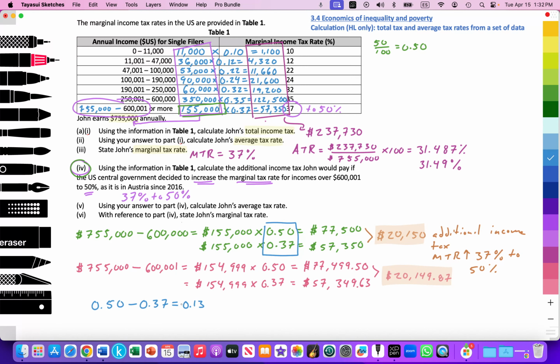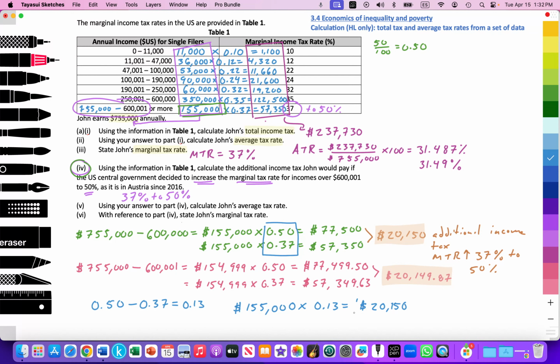So I'm just going to do that. I'm going to take that value and look at the amount that John's paying that's facing that higher tax bracket, $155,000. And we're going to multiply that by the difference between 50% and 37%. That's going to be 0.13, and that's going to equal 20,150.